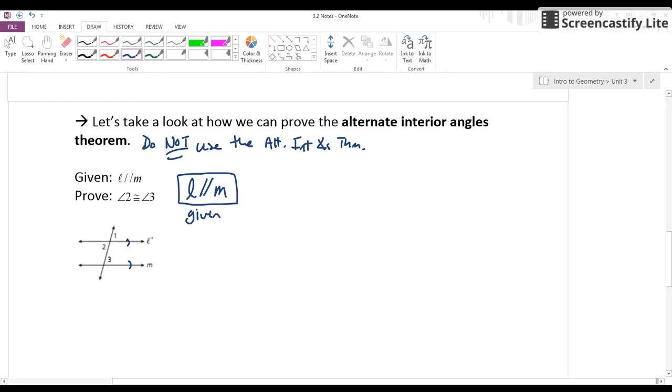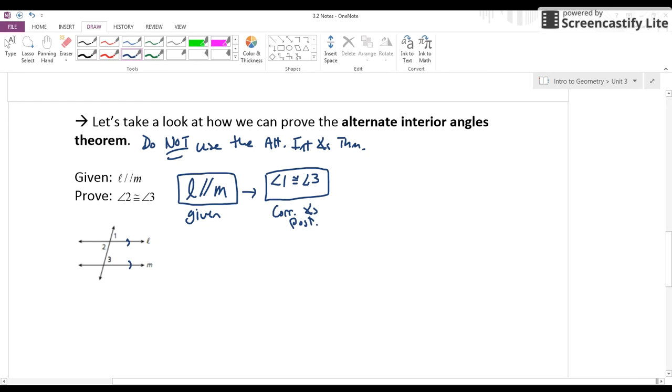If L and M are parallel, I know angle 1 is congruent to angle 3 because of the corresponding angles postulate. Since they're in parallel lines, they're in the corresponding angle positions, they have to be congruent, right?